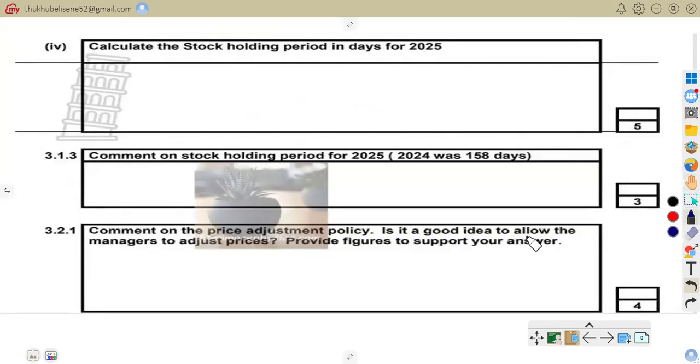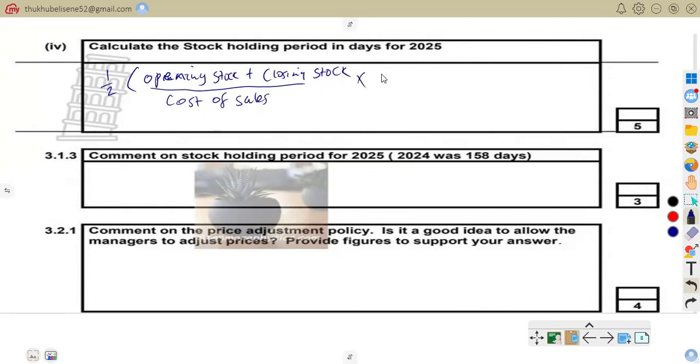Like I've already talked about the formula, it's half of our opening stock plus closing stock, divided by cost of sales, then multiply by 365 divided by 1.